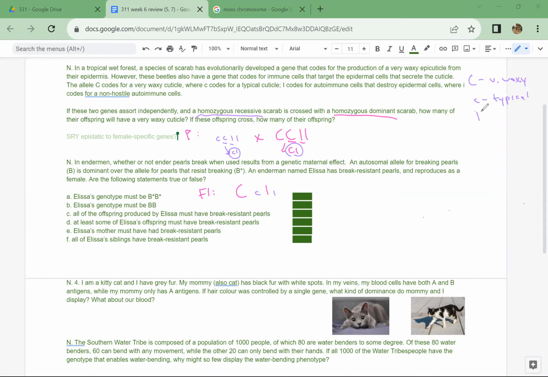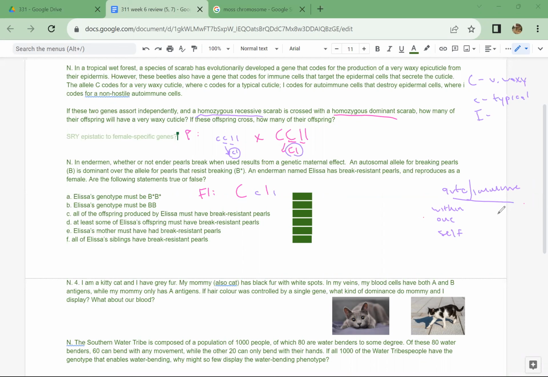And we have uppercase I that codes for these hostile autoimmune cells. Auto is a prefix that means like oneself. So autoimmune. Auto means within oneself, or having to do with your own body.